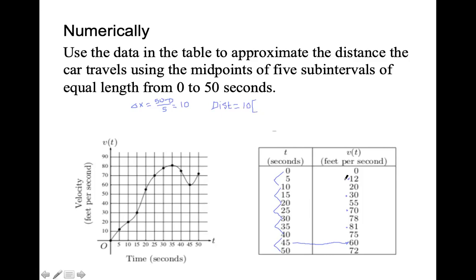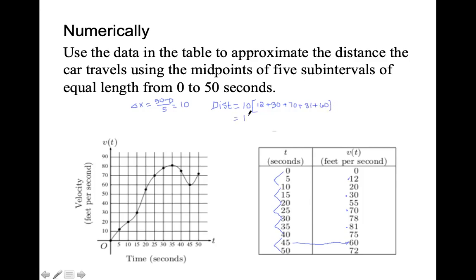And I'm going to add my midpoint values, so I'm adding 12 plus 30 plus 70 plus 81 plus 60.